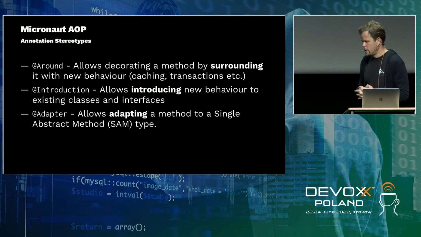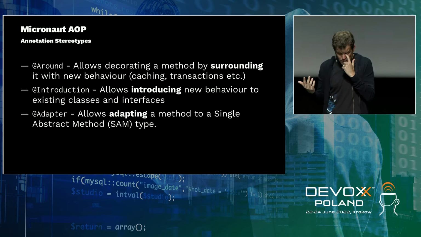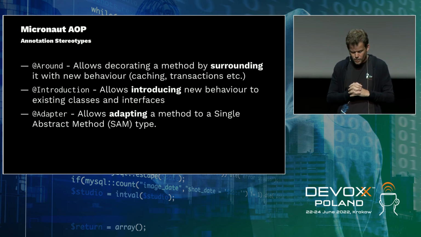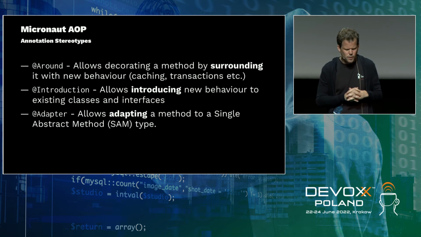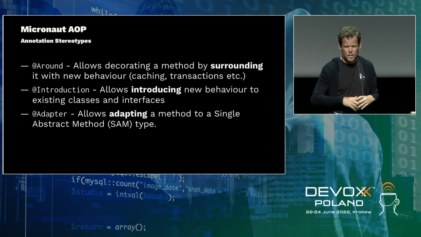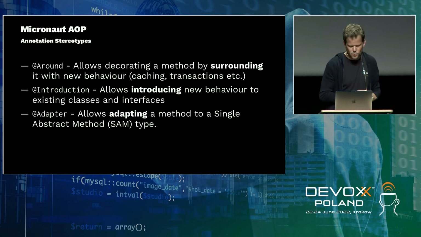In terms of AOP, the reason why it's not just interceptors like in CDI is because we have different kinds of AOP. The terminology has its roots in AspectJ and my time working with Spring.